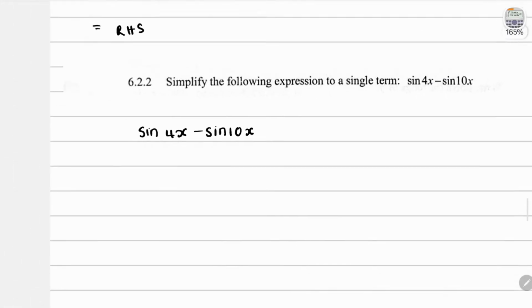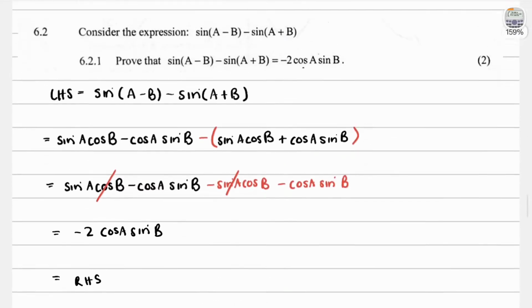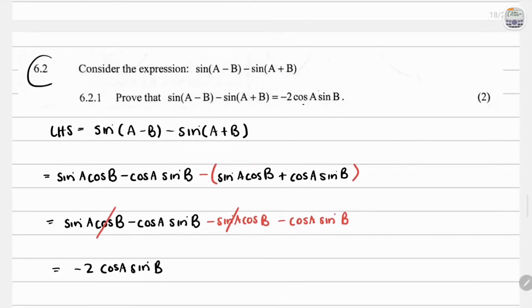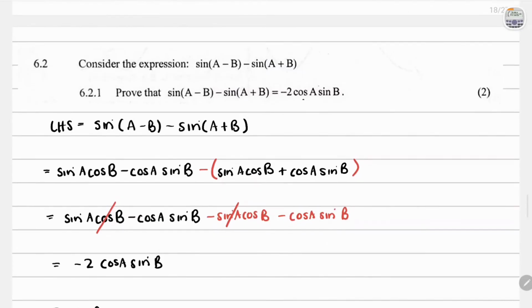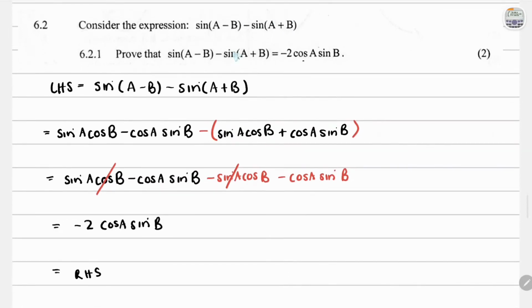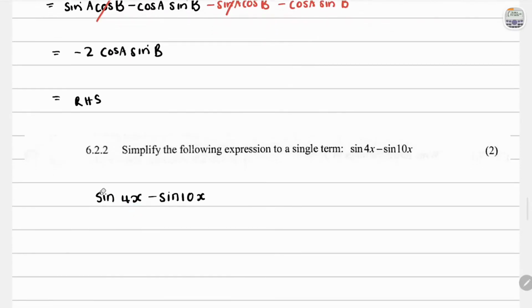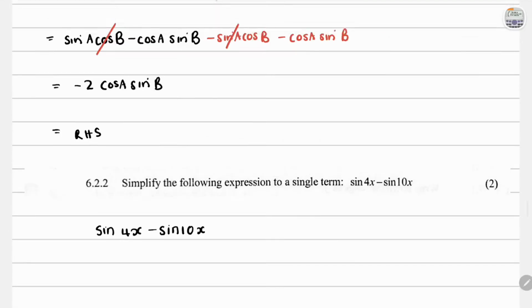And when that starts happening, I would always suggest that you go back to where this question started. Do you notice that when they started, they say consider the expression this, right? So everything really just revolves around the way that looks. We were able to prove that this, okay, and now you'll see the similarity. Sine 4x, right? Sine of something minus sine of another thing.